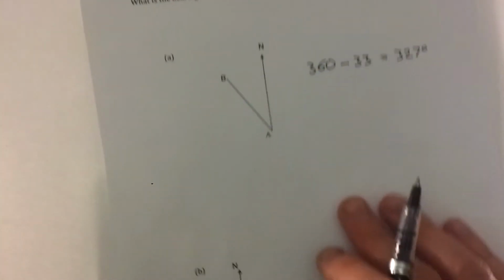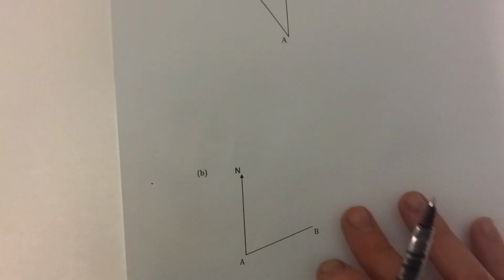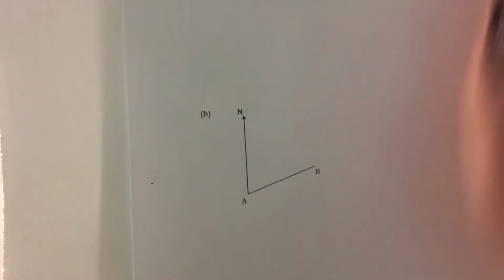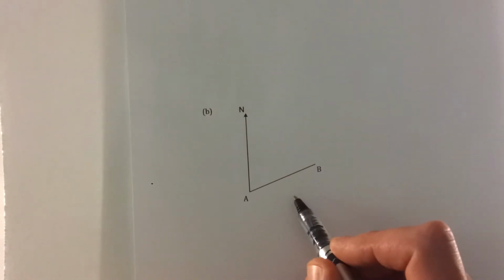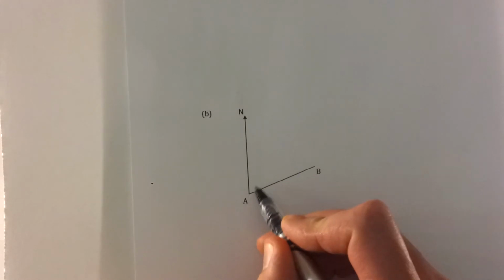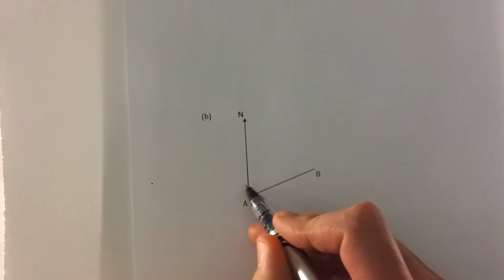If we now consider the second part of question 2, we have another bearing, and we want to find the bearing of B from A. So again, we're interested in this angle here, so it's always from north and always clockwise.